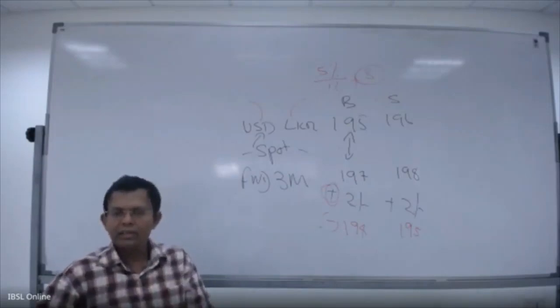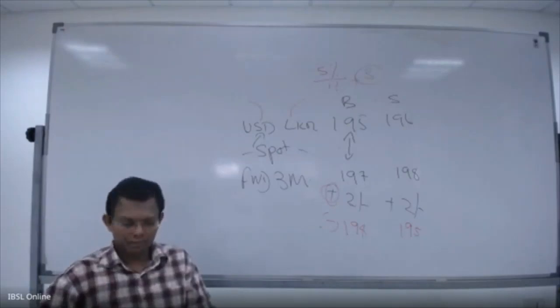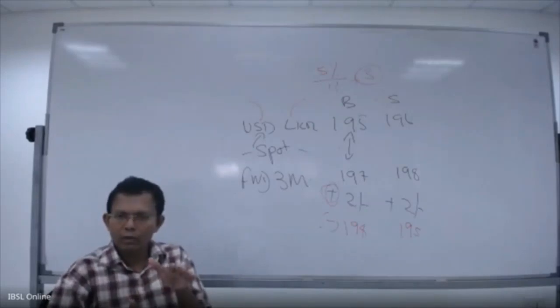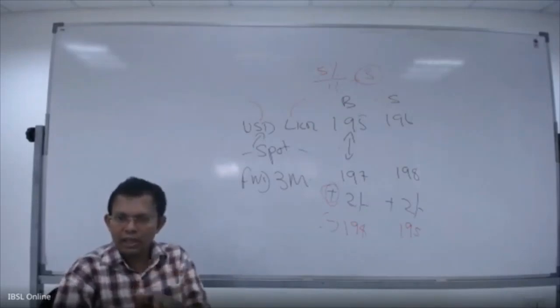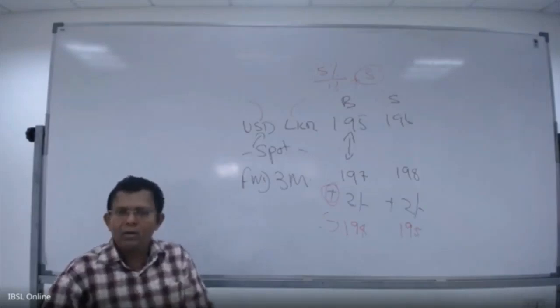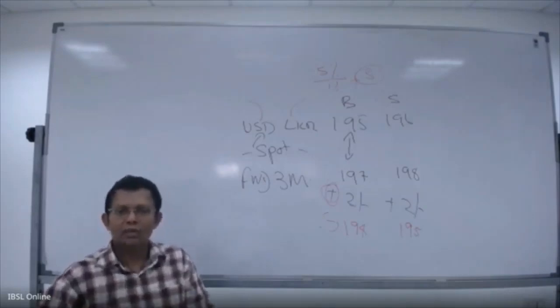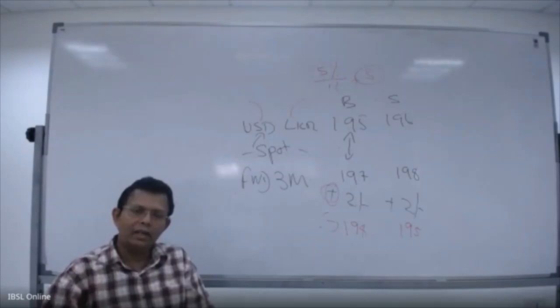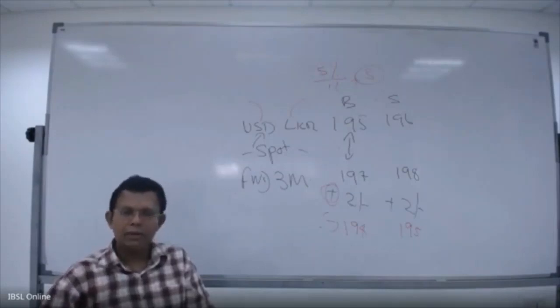Didn't we learn here the price and the yield relationship? Same thing. We told you, people who are holding government securities like interest rates to come down or go up? Come down. Why? They are making profit. So the price and the yield relationship is negative. Same applies here.